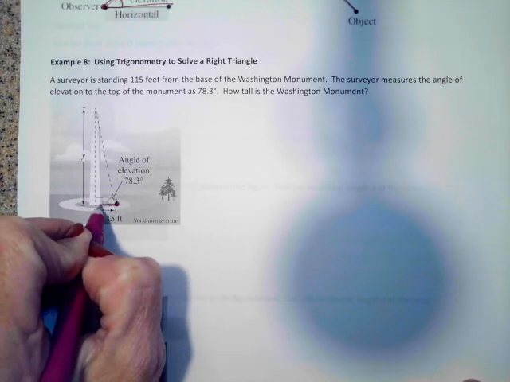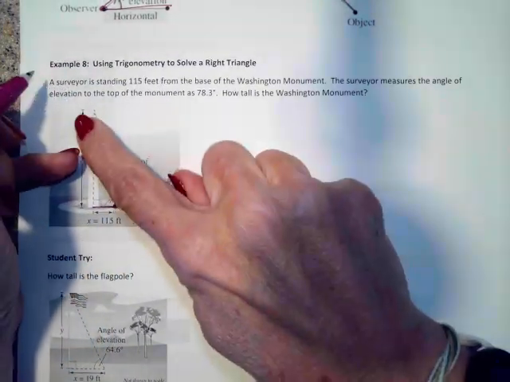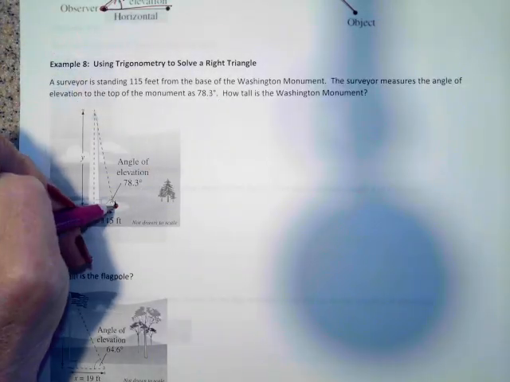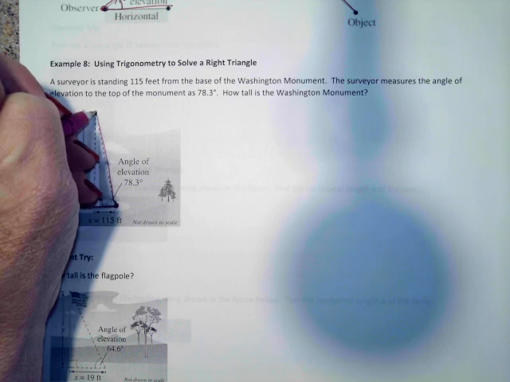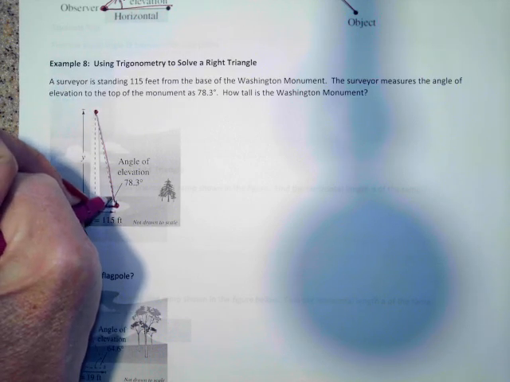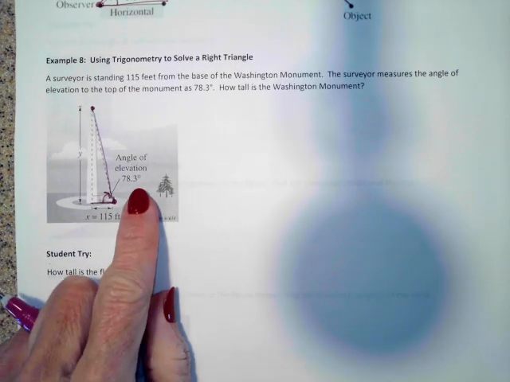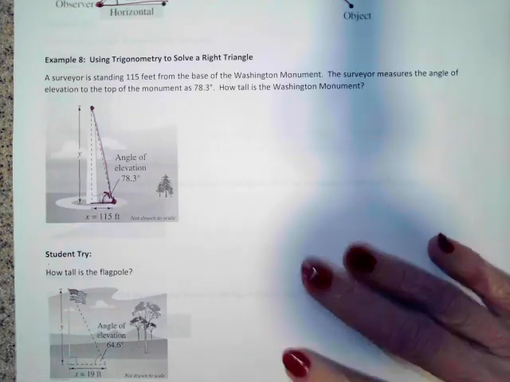He's making a line of sight first, and then the angle of elevation to the top of the monument. So then we're going to draw a line to what we want to see. And so we want to know that angle, there's the angle of elevation, which is 78.3 degrees. How tall is the Washington Monument?